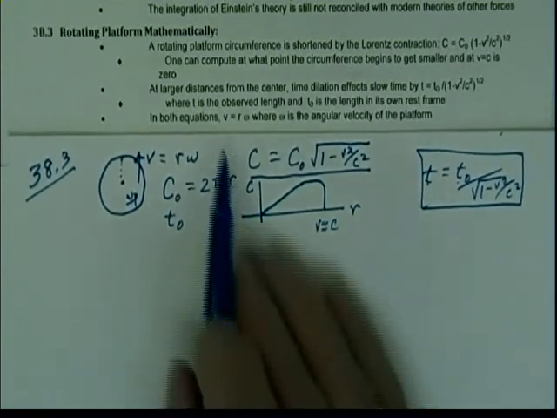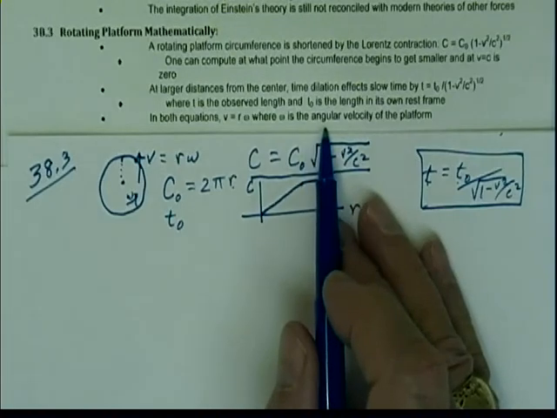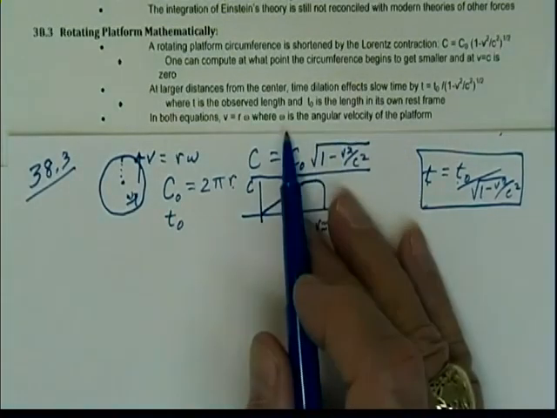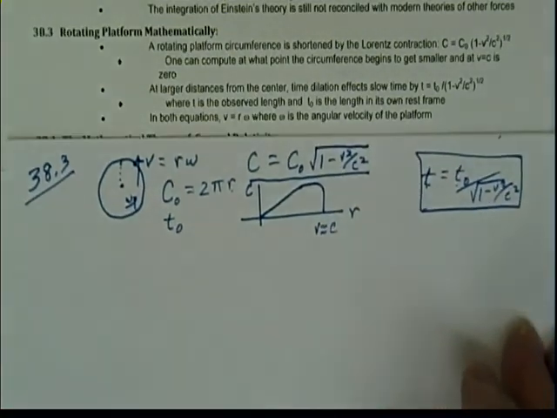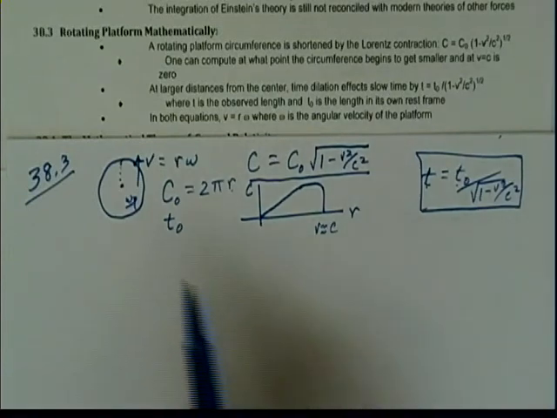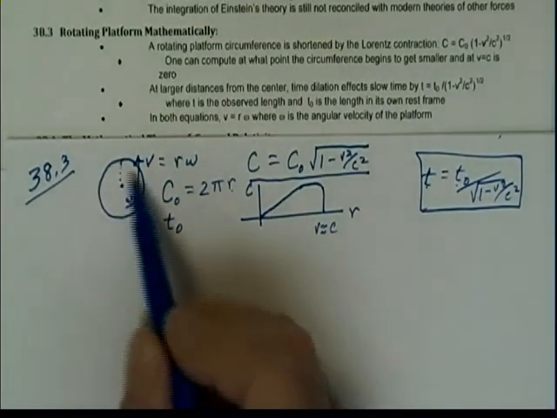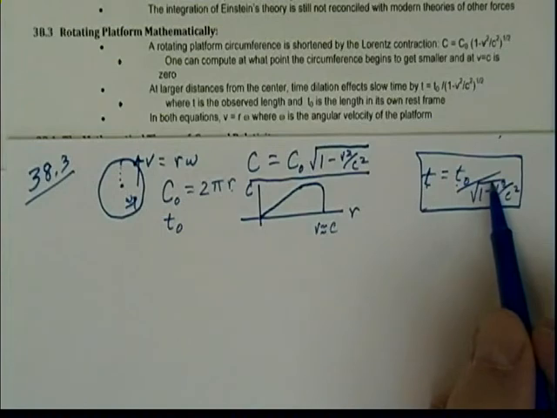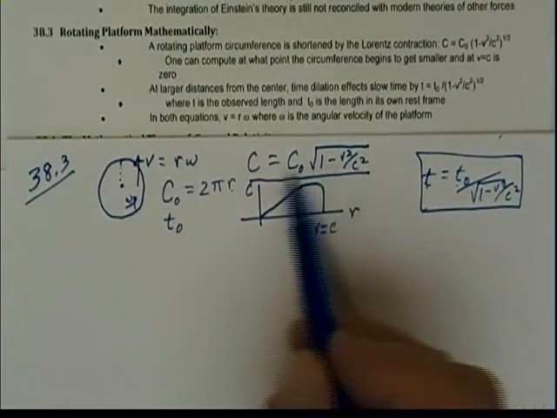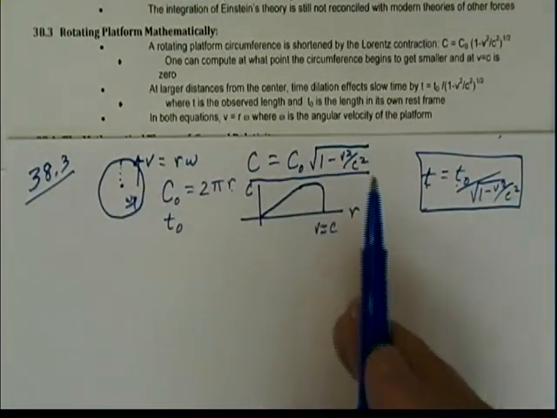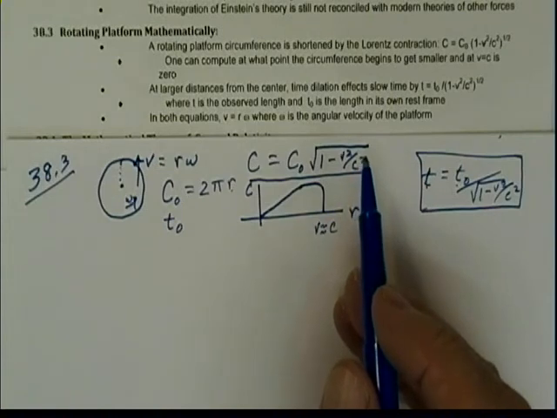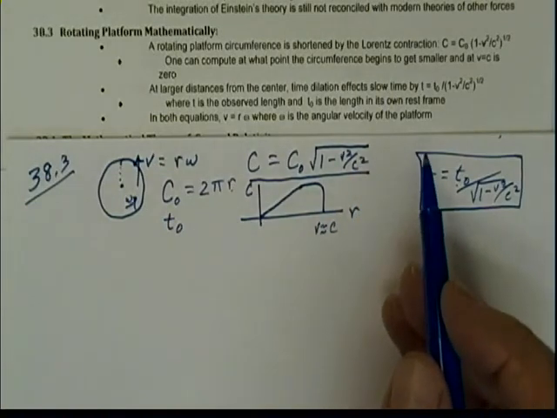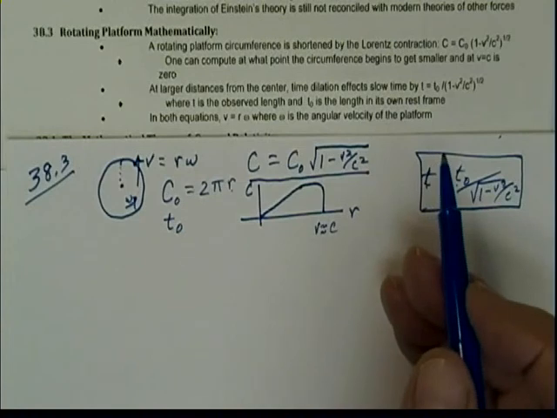Well, in both of these equations, the velocity is r omega, where the angular velocity, omega, is the angular velocity of the platform. Well, we can see here that in accelerated frames, time slows down and distances contract, and your geometry of space and time is not Euclidean. It's not flat.